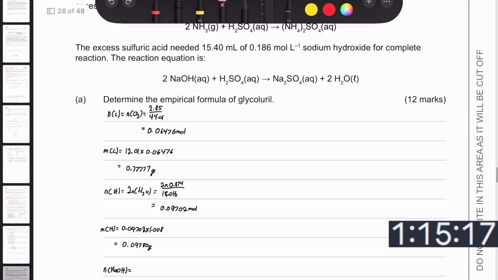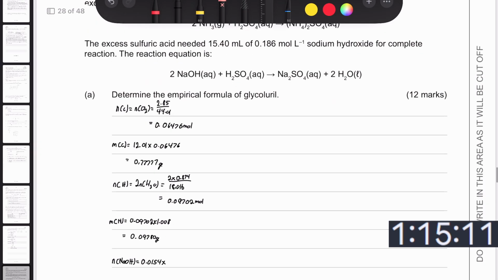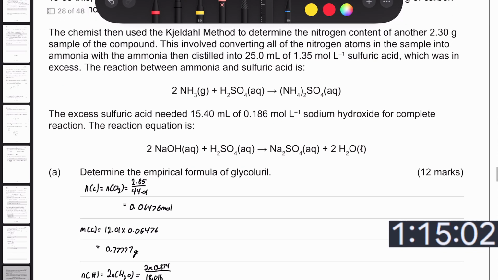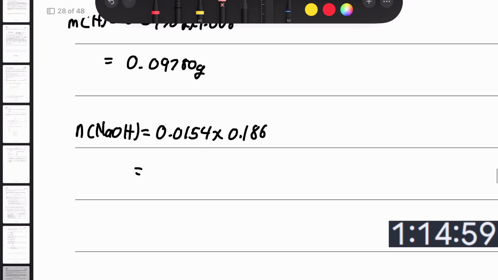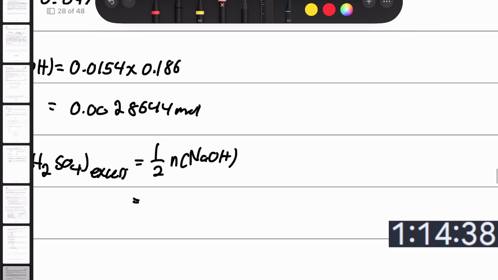The number of NaOH is 0.0154 times 0.186, that's right, which should equal 0.028644 moles. Number of H2SO4 excess is equal to half the number of NaOH, which is 0.0014322 moles.